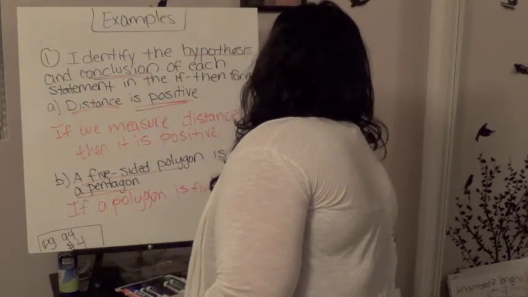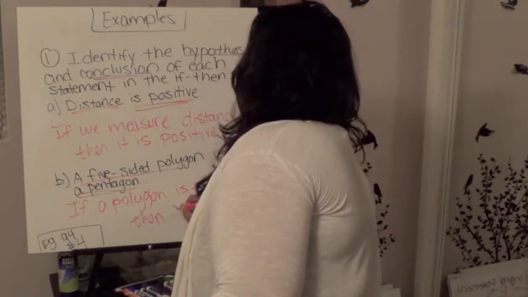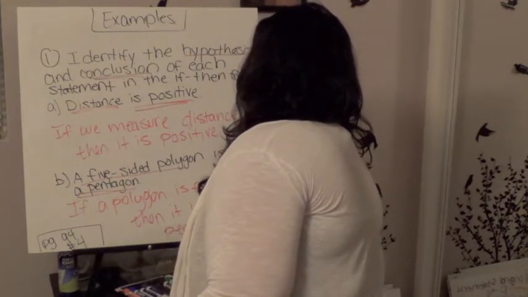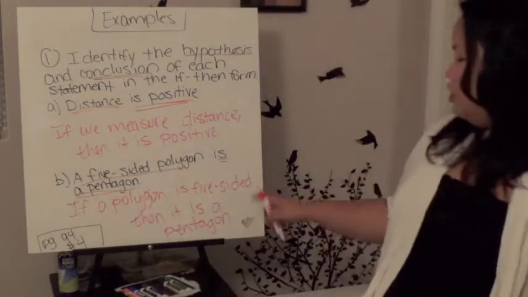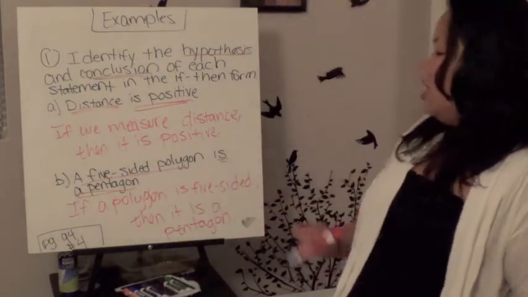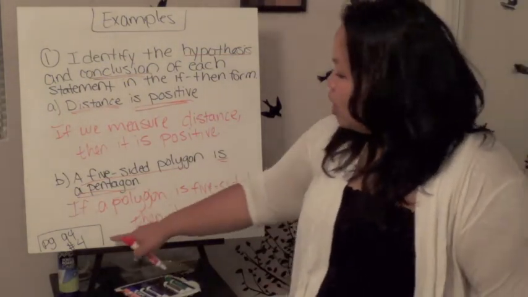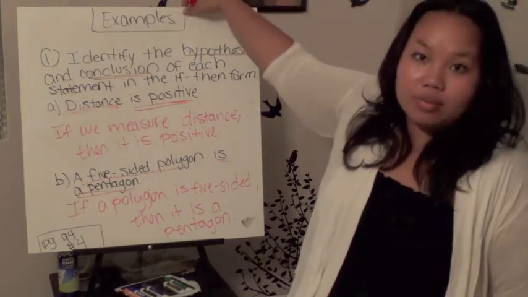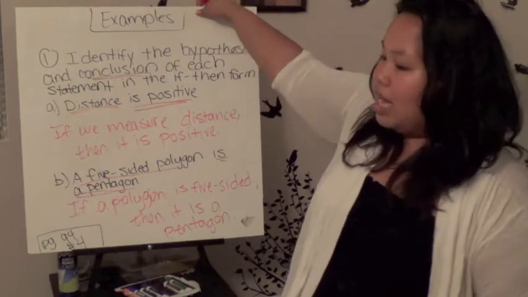If a polygon is five-sided, that's our hypothesis, then it is a pentagon. And that's our first example. So in this case right here, you're going to do page 94, number 4. Go ahead and pause and write it down, and we're going to move on to our last example.